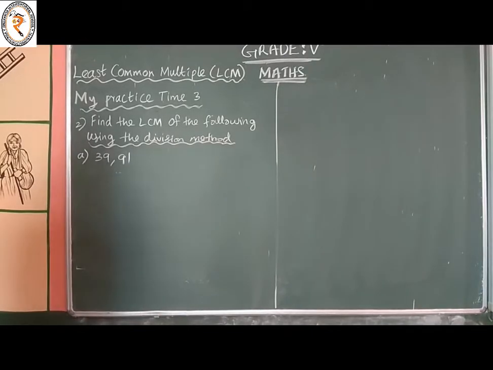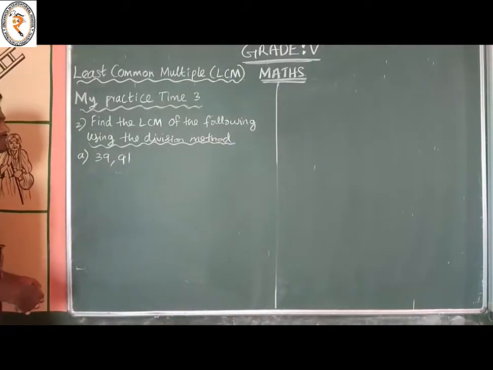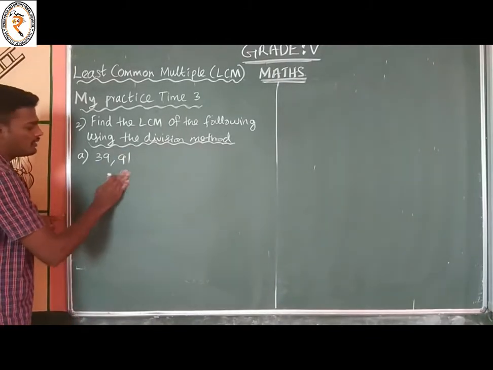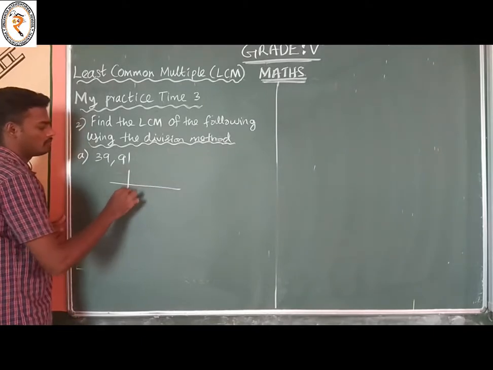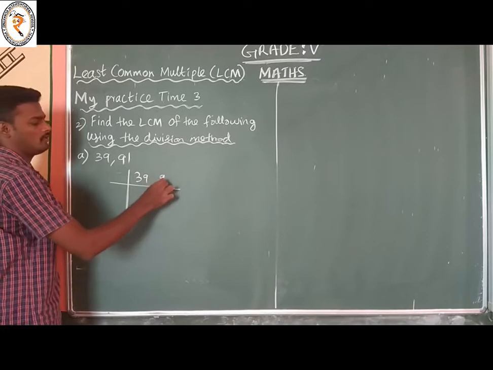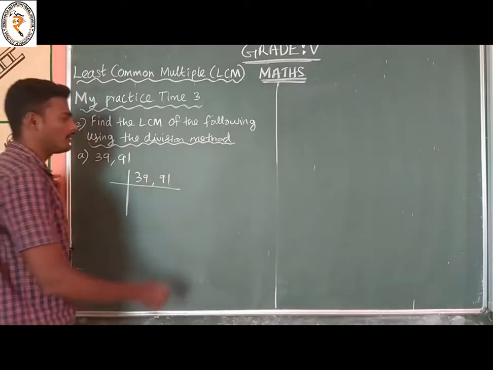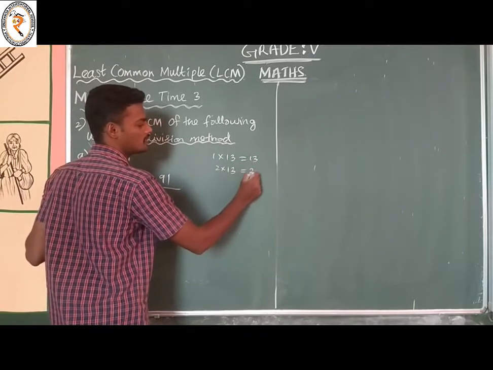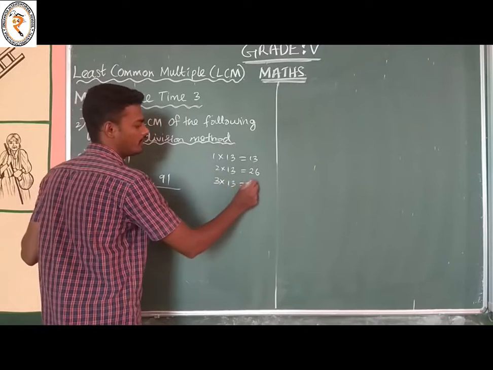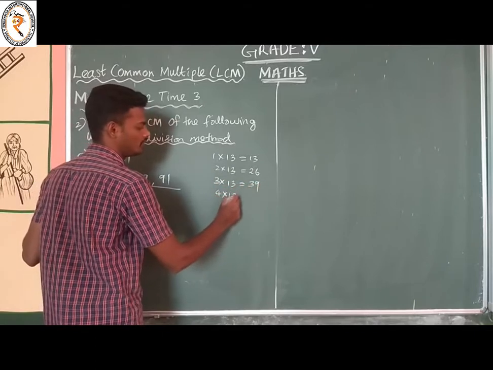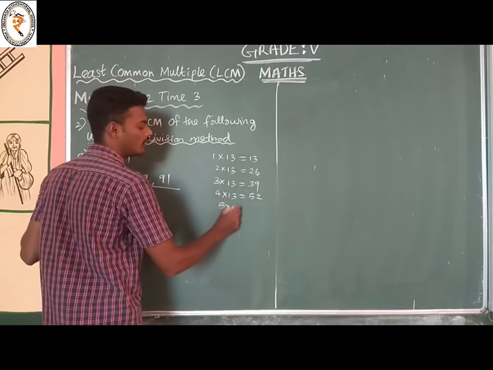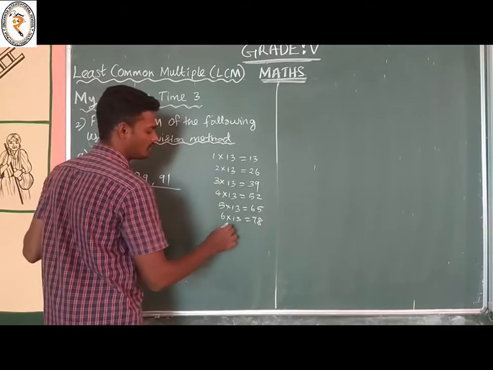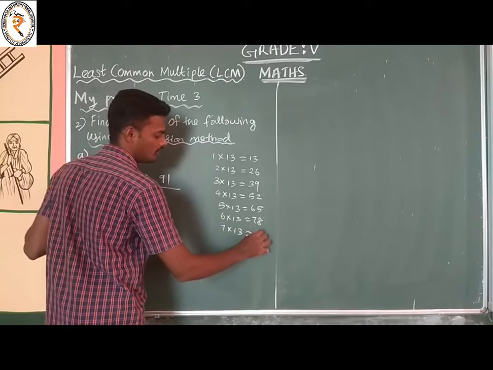Second one, find the LCM of the following using the division method. First, in the division method, we take 39 and 91 in a common table. 1 13 is 13, 2 13s are 26, 3 13s are 39, 4 13s are 52, 5 13s are 65, 6 13s are 78, 7 13s are 91.